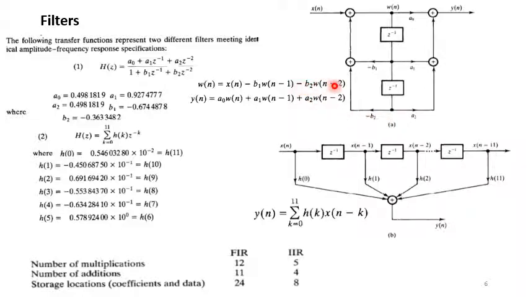Similarly, the expression for y(n) is y(n) equals a0 w(n), scaled by a0, plus w(n-1) scaled by a factor of a1, plus w(n-2) with one more unit delay, scaled by a factor of a2. So we'll have this equation.